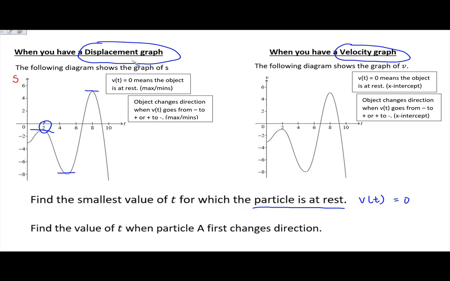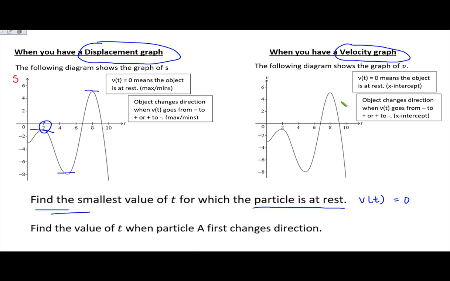So if you are working with this displacement graph and you're asked this question, you have to understand that velocity is equal to 0 at the maximums and the minimums if I'm working with a displacement graph. Now, if you're looking at a velocity graph, this graph already represents velocity.